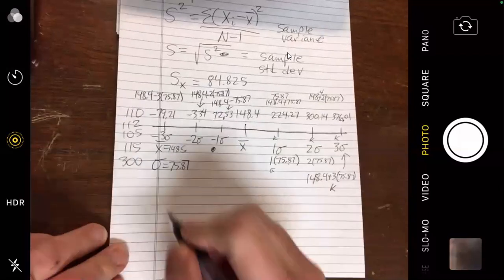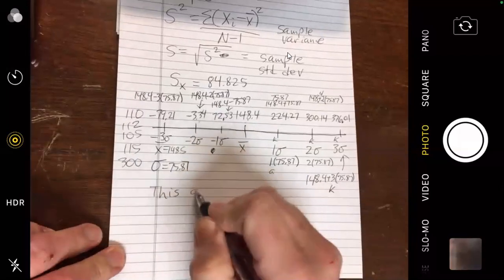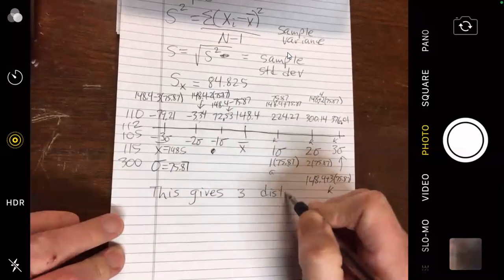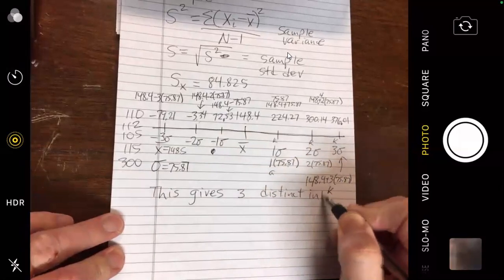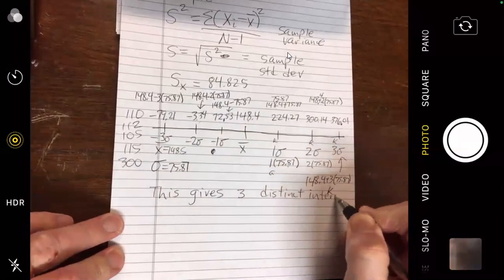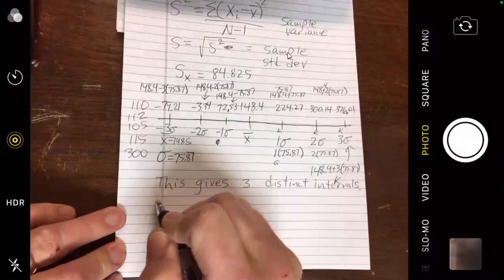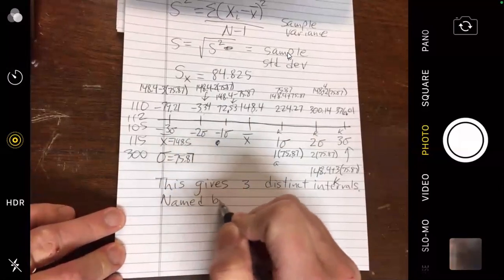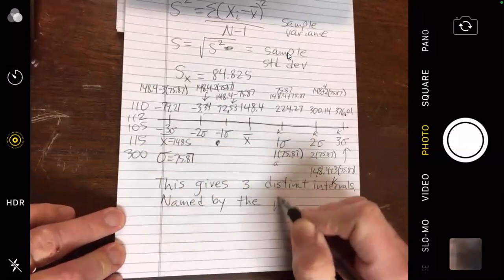Now what this gives is 3 distinct intervals. They are named by the positive side.